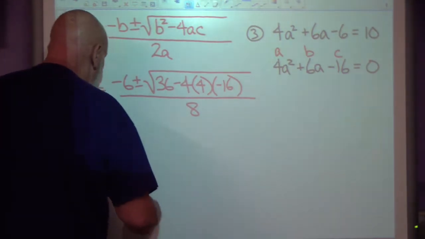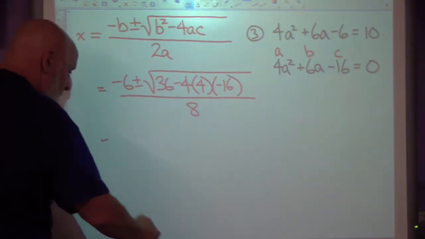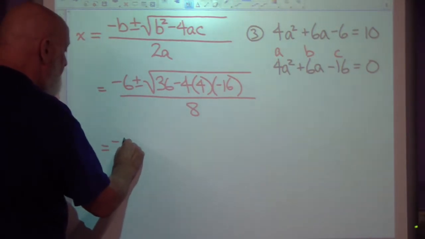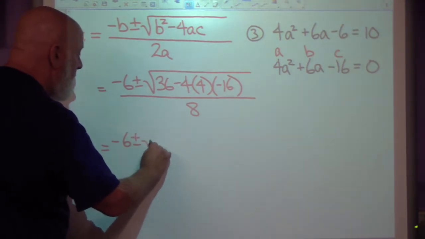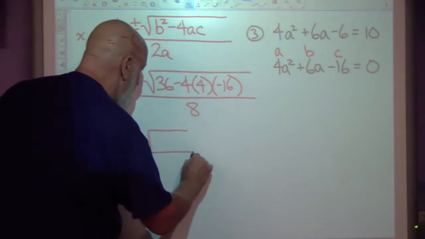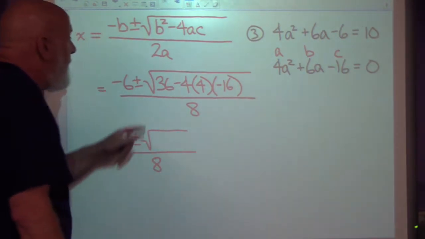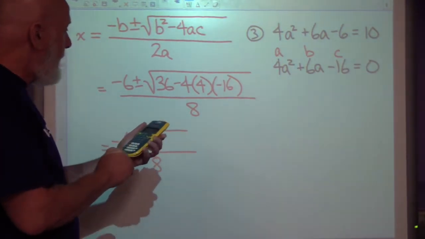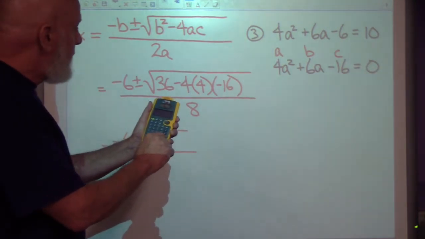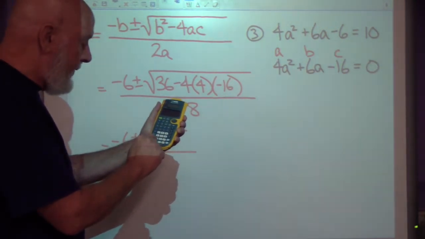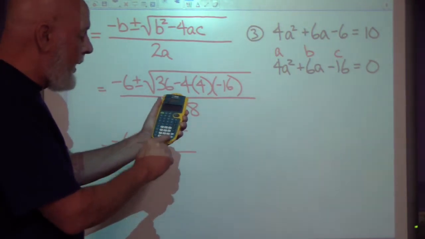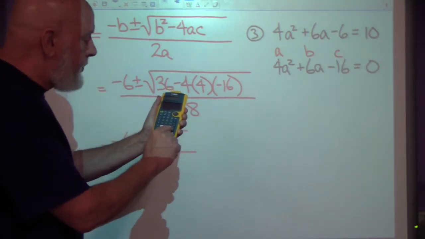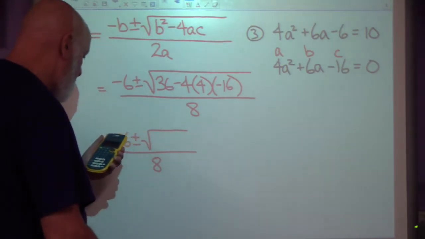Now I'm going to try to simplify under the radical without making a mistake. I'm just going to go 36 minus 4 times negative 16 and see what I get. 36 minus 4 parenthesis, 4 close parenthesis, open parenthesis, minus sign in the parentheses right down here, 16, close parentheses, enter. 292.